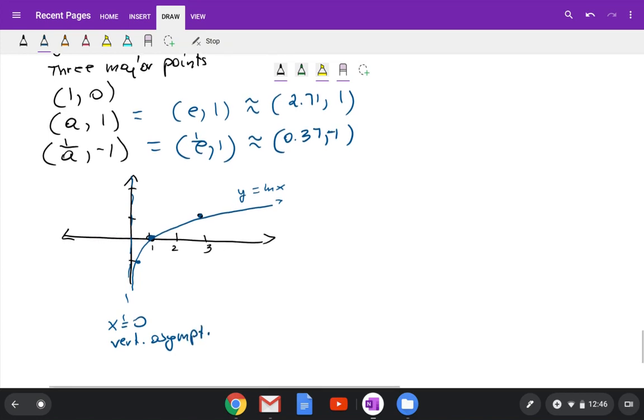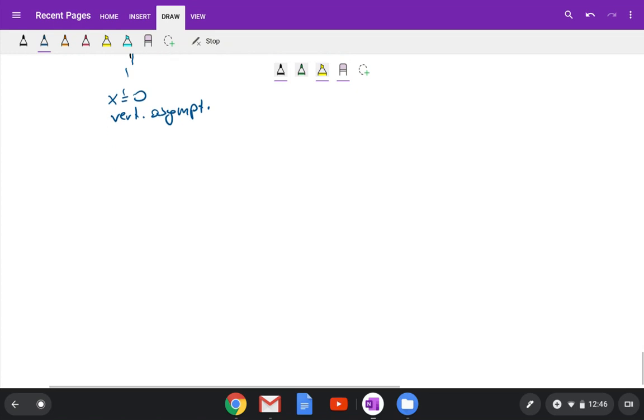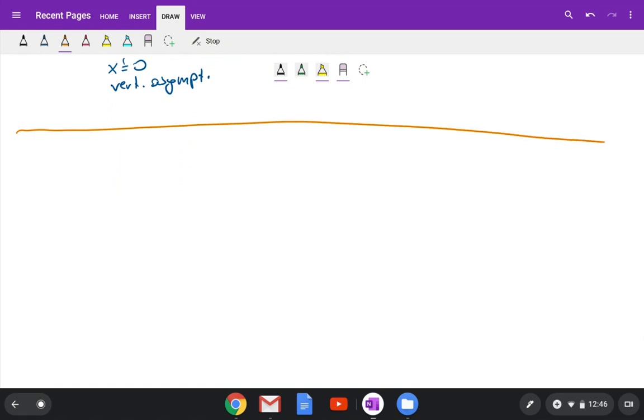Okay, and another logarithmic function which you need to know, where we also skip the base, is the common logarithm function. This function has base equal to 10.